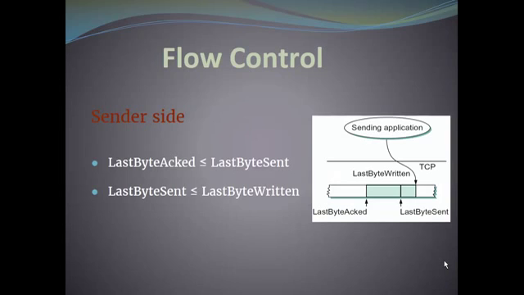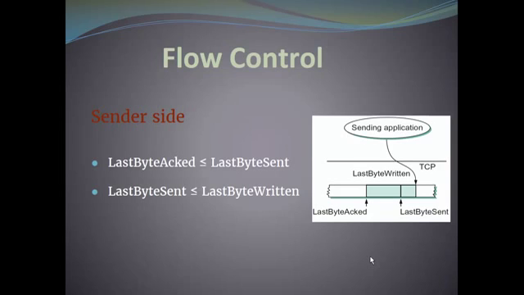Now we will see flow control in TCP. To see how the sending and receiving sides of TCP interact with each other to implement reliable and ordered delivery, consider the situation given in the figure. TCP on the sending side maintains a buffer called the send buffer.